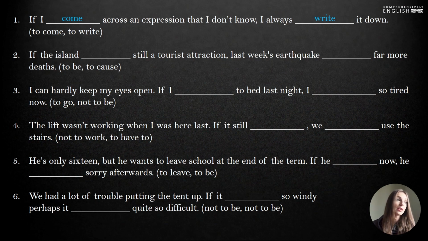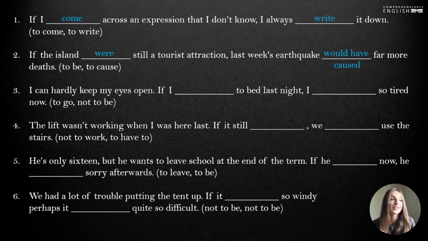The second sentence: if the island were still a tourist attraction, last week's earthquake would have caused far more deaths. We are talking about a situation that happened in the past, last week, and about a condition that is generally true. It was true last week and it is true today too.